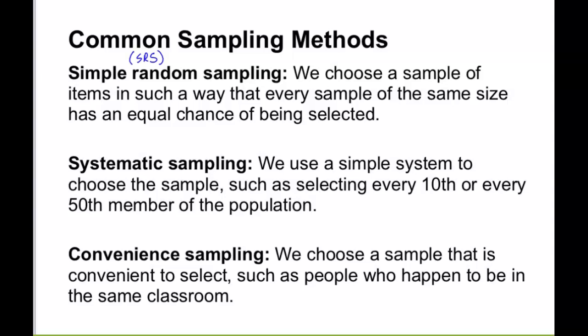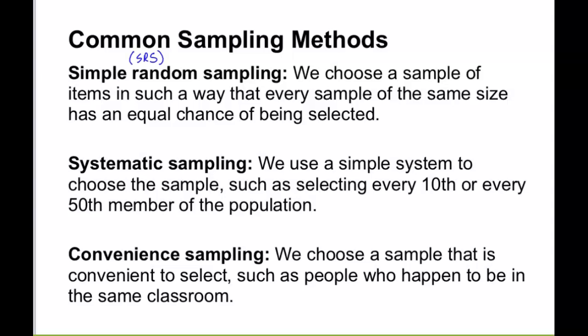An example would be, let's say I want a representative sample of students at the school. I want 50 students that represent the school as a whole. Let's say I'm studying height, because I'm boring and I can't think of anything else. So I want to know the average height of a student at the school.